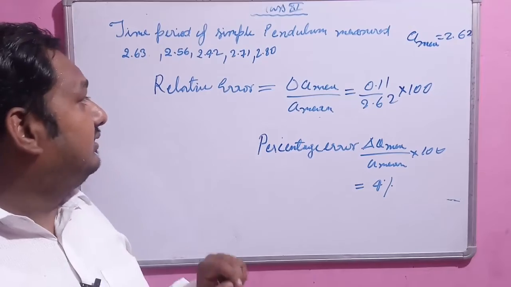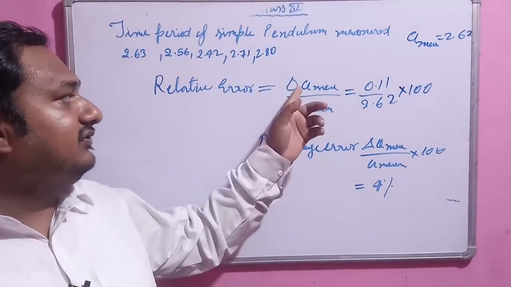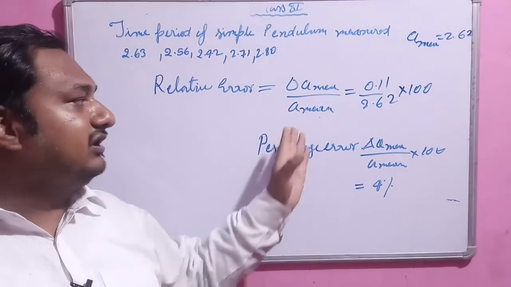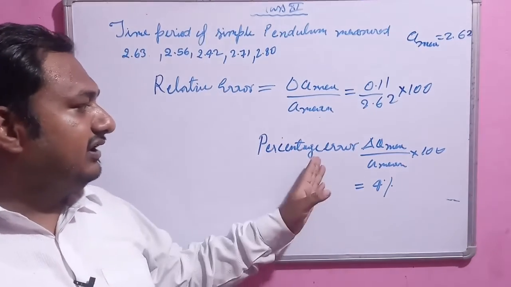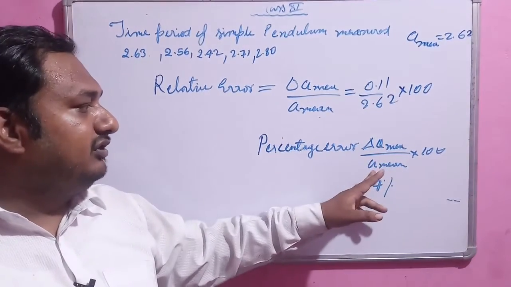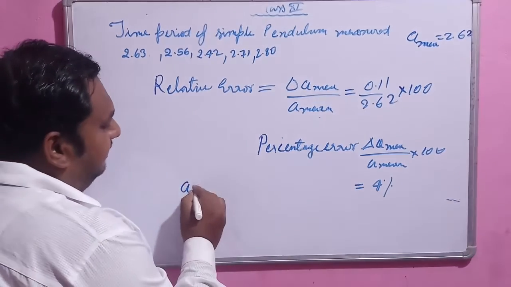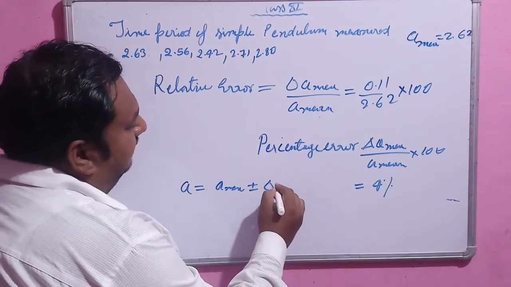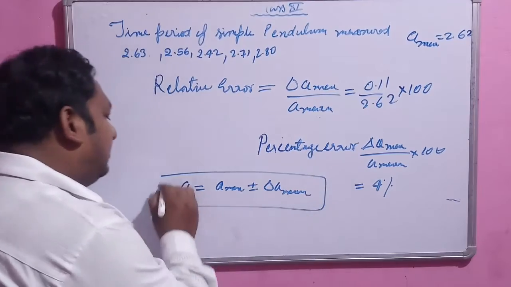Now we can define the relative error: the ratio of the mean absolute error upon the mean or average value of all measured values. And percentage error is defined as the mean absolute error upon mean value into 100. The representation of error can be written as A mean plus minus del A mean.